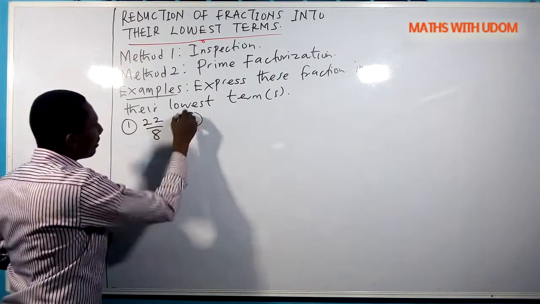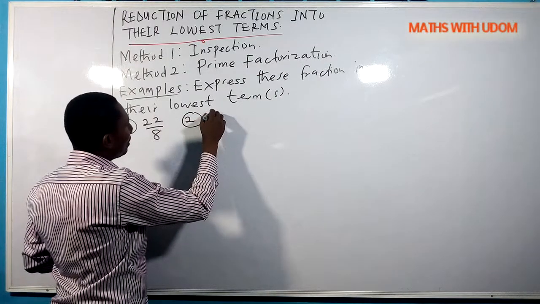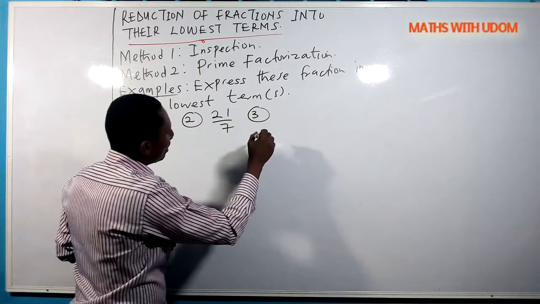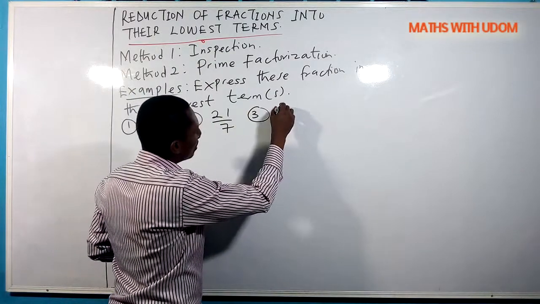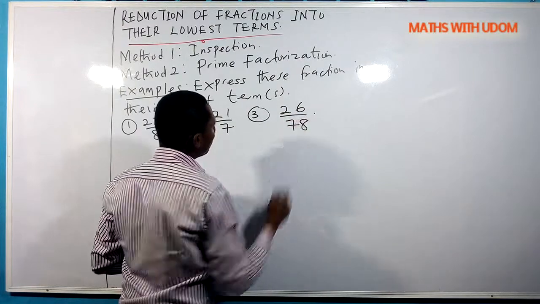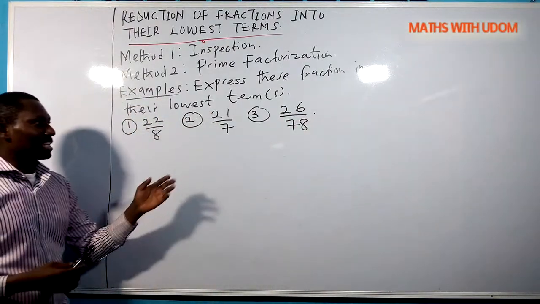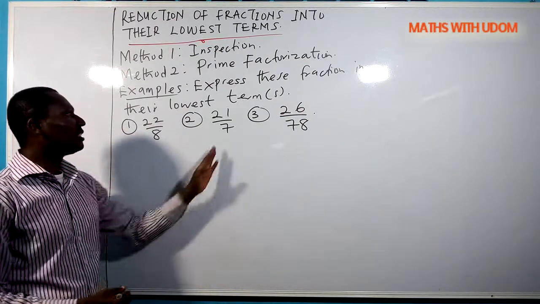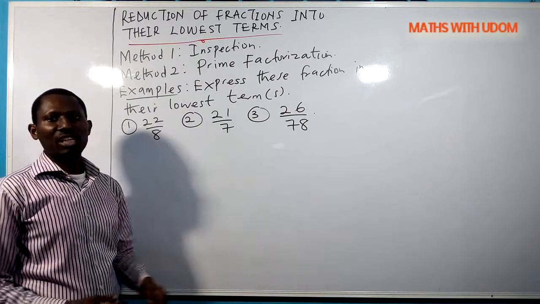The second example is 21/7, and the third example is 26/78. So let's have these 3 examples. Let's express the following fractions in their lowest terms. Let's reduce them to their lowest terms.